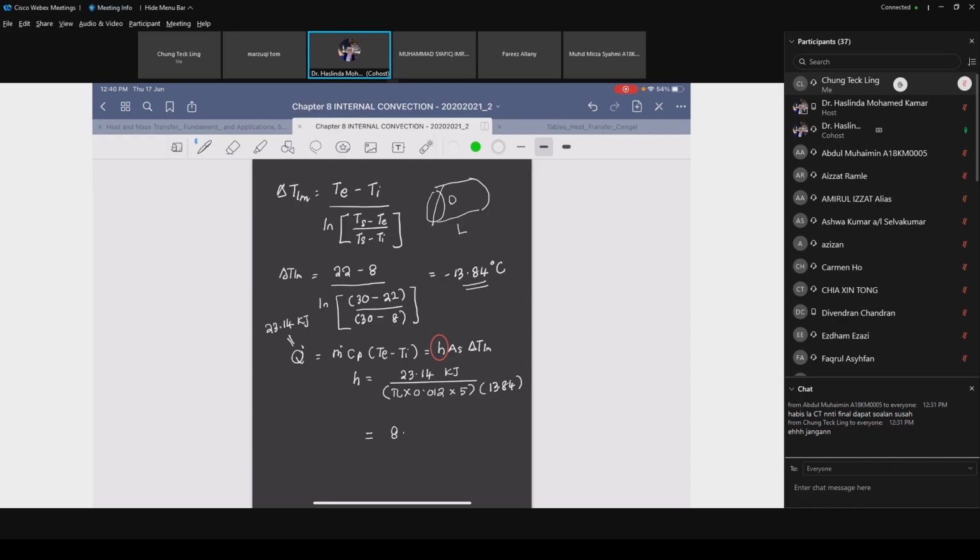Berapa tadi? 8.87. Okay, 8.87 watt per square meter degree C. Boleh, Kelvin boleh. Both give the same meaning or answer. Faham tak? Senang kan?